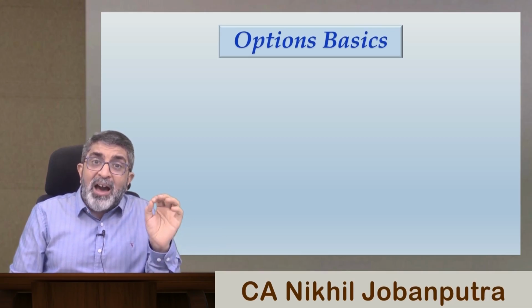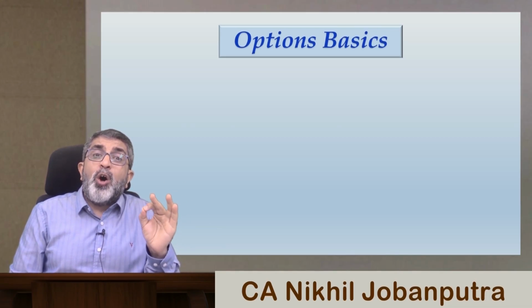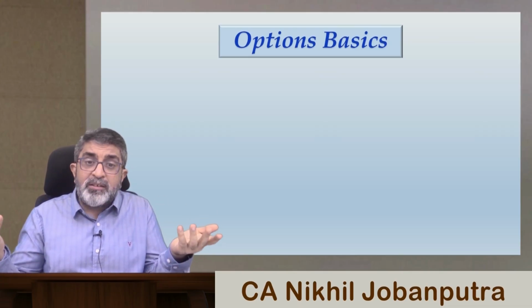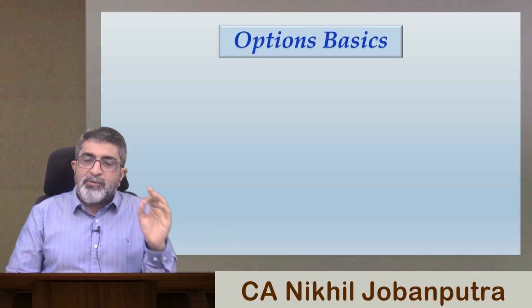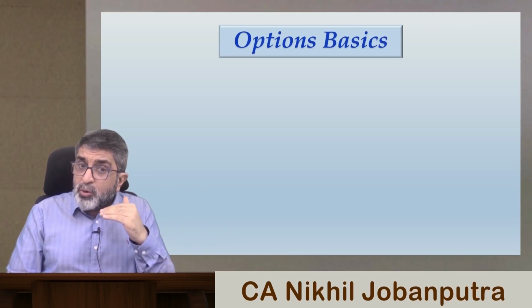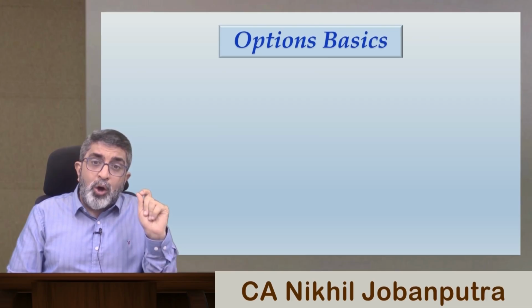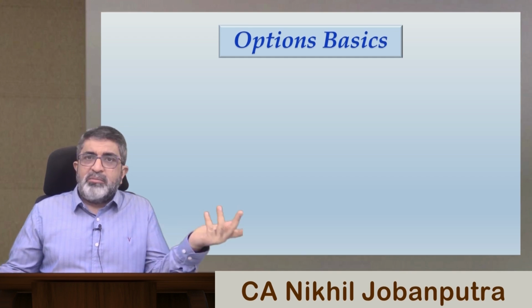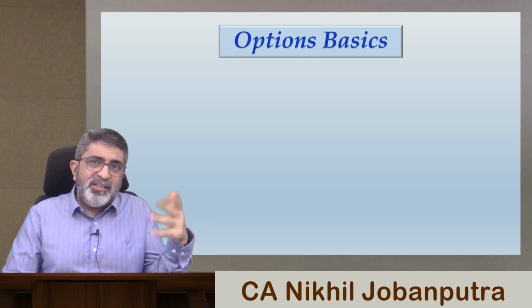It is at the choice of the option holder. That is why it is called an option. You have a right. You don't have an obligation. You have only and only the right. If you are the option holder, it is your choice whether you should let the contract get settled or just leave it as unsettled.